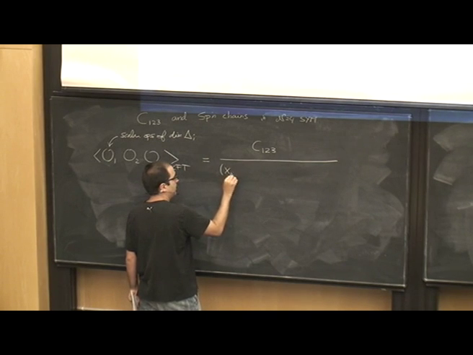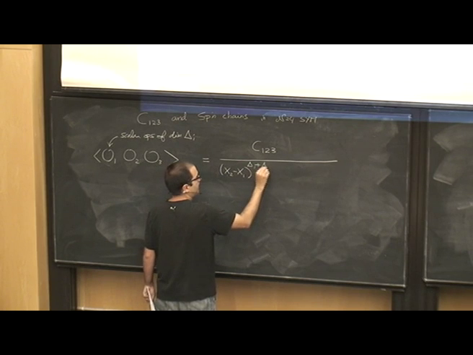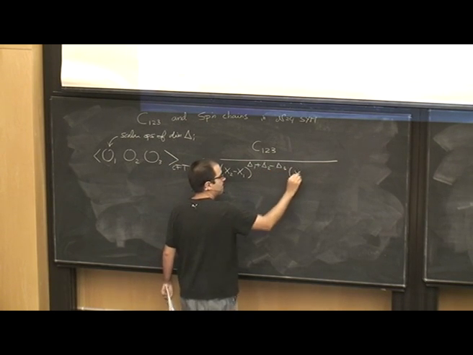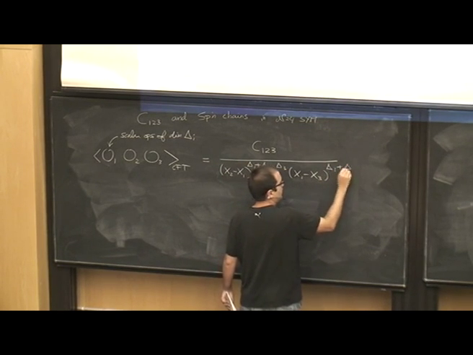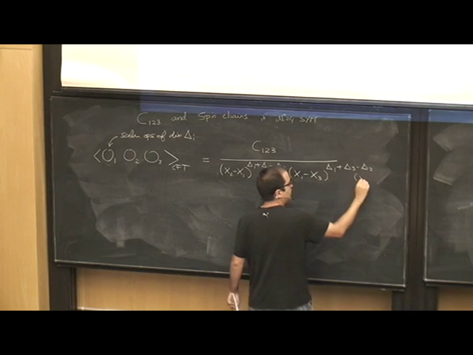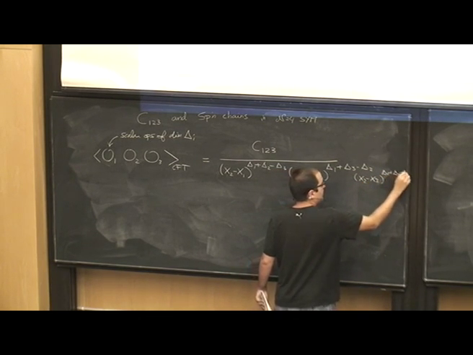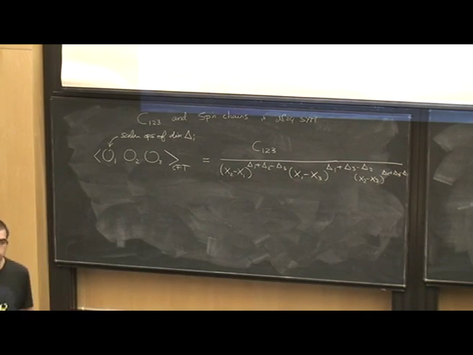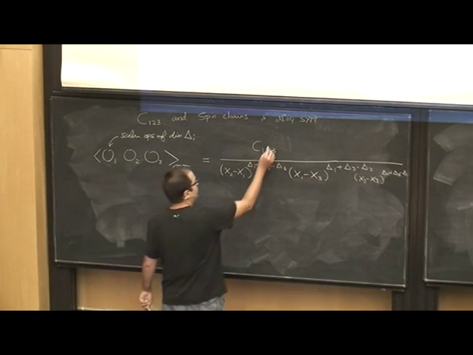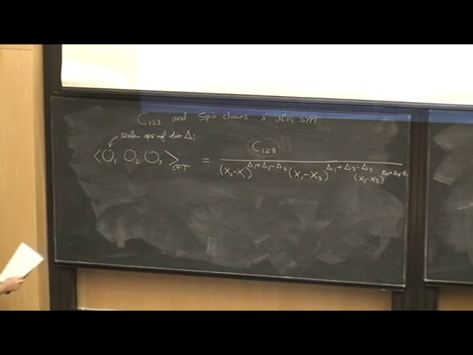and it takes this form, x1 minus x2... So conformal symmetry tells you that the three-point function of scalar operators is totally fixed up to two important sets of numbers, the structure constant and the dimensions of the operators.